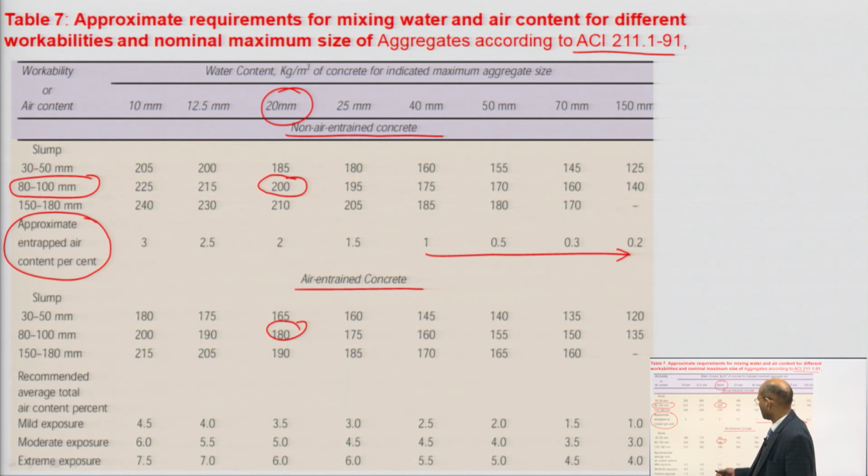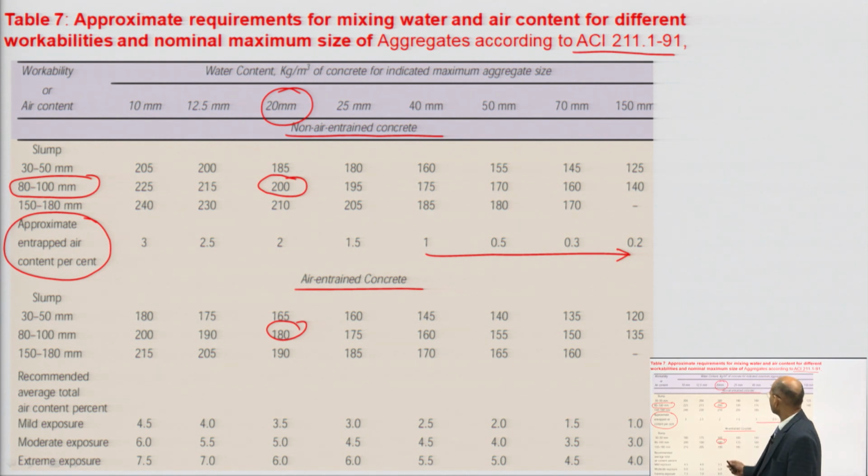Here also there are recommended average total air content percentages depending on whether exposure is mild, moderate or extreme. They have recommended the approximate percentage of entrained air inside the concrete, and that we are supposed to check.